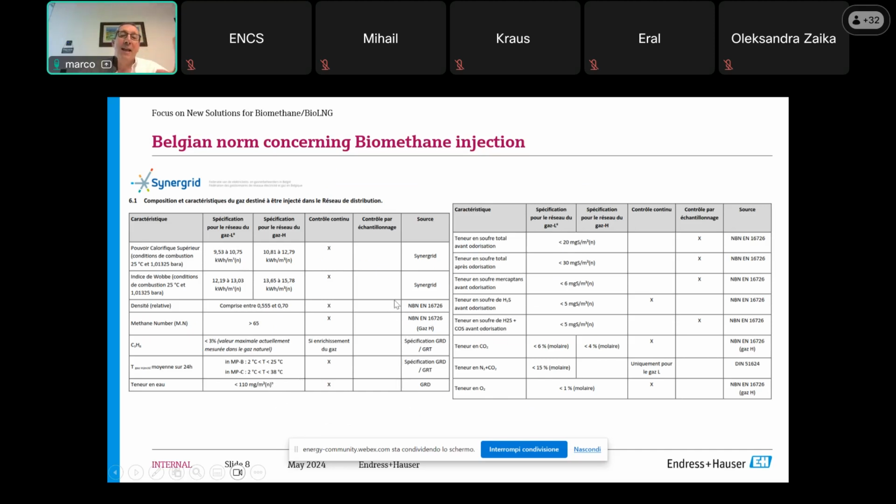So on one side, it is true that each country imposed their own specs, but on the other side, the specs are more or less similar, even because the natural gas, as you know, is exchanged through the countries.